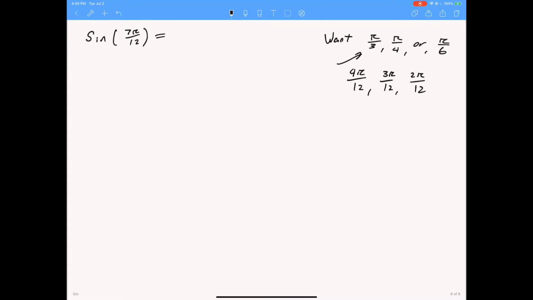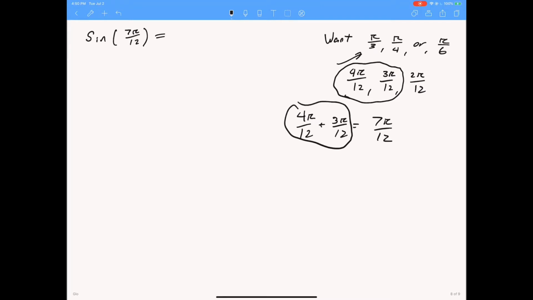Now, again, we just need a combination of these two, where if we add or subtract them, we get 7 pi over 12. Now, I'm actually looking at the first two pair here. If we add 4 pi over 12 and 3 pi over 12, we'll get 7 pi over 12. So we'll use this.